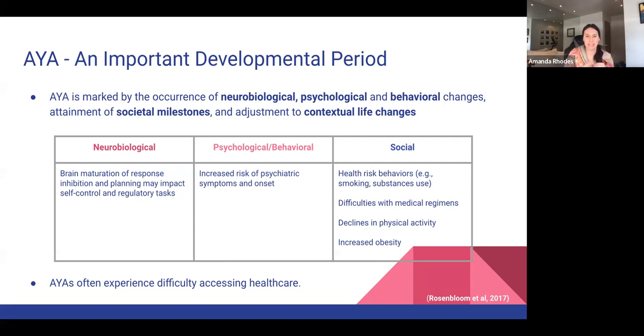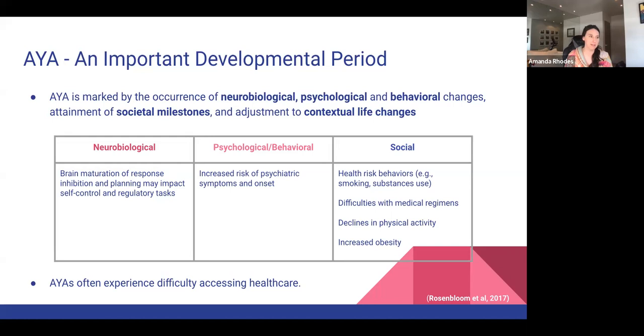So it's really important to understand that AYA specifically after they turn 18 often experience difficulty accessing their own healthcare. All of a sudden they are having to make their appointments or not making their own appointments, whereas before there was a lot of hand-holding under 18 as a traditional pediatric patient. All of a sudden they turn 18, no more hand-holding, we don't do a good job transitioning them, and so they have a lot of difficulty accessing healthcare.